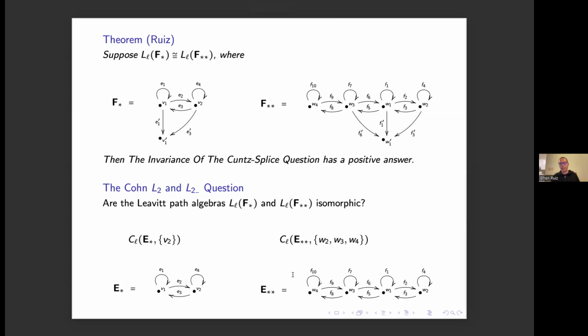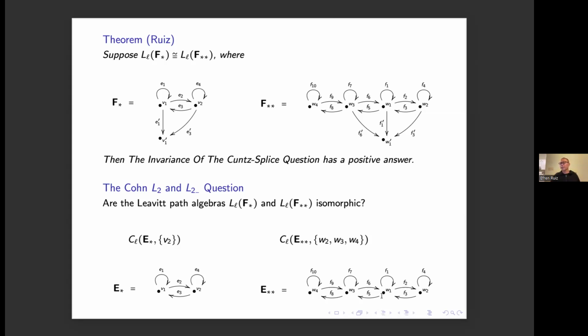So we don't put the Cuntz-Krieger relations on W1 and V1. That's why I chose the name. But these are exactly the L2 graph and its Cuntz-Splice.